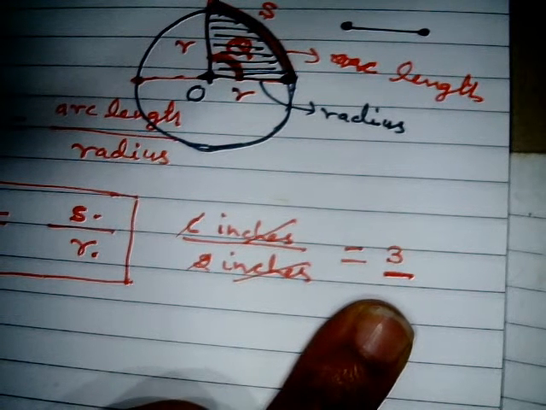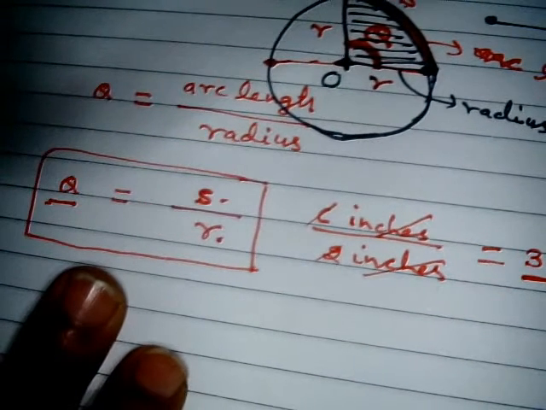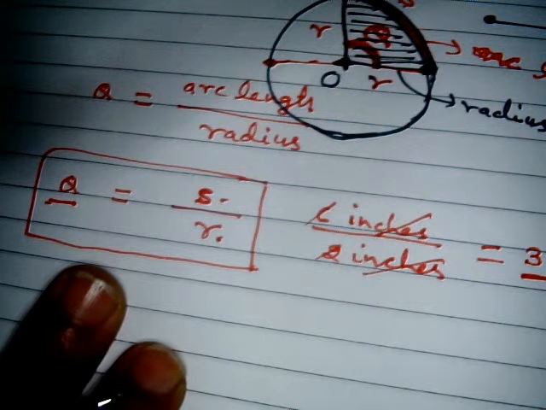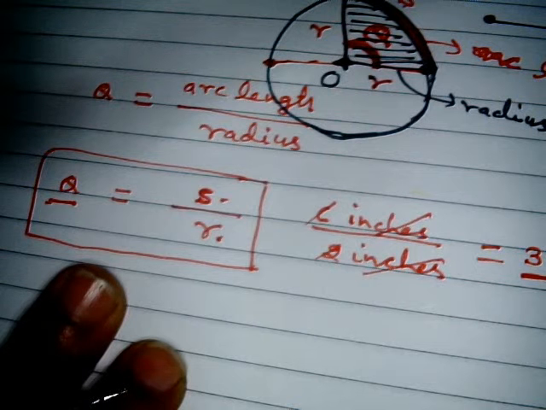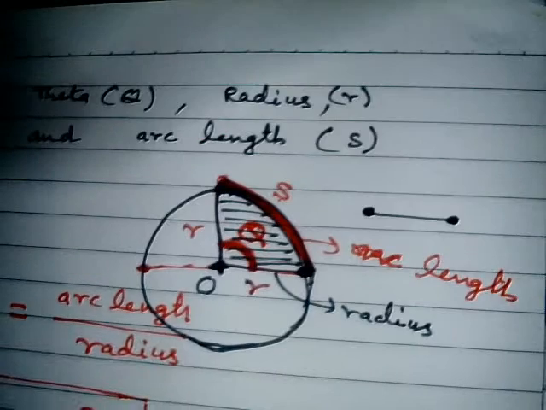There are various ways of representing theta, but in your syllabus we are going to talk about two forms of theta: one is radian and one is degree. We will see later what the relation between degree and radian is, and how one radian can be converted into degree or degree into radian. Here we have seen the relation among three parts: theta, radius, and arc length. Arc length is a part of the full arc.